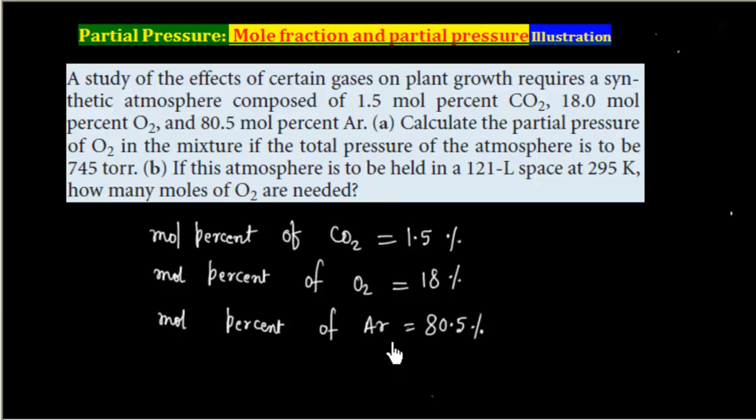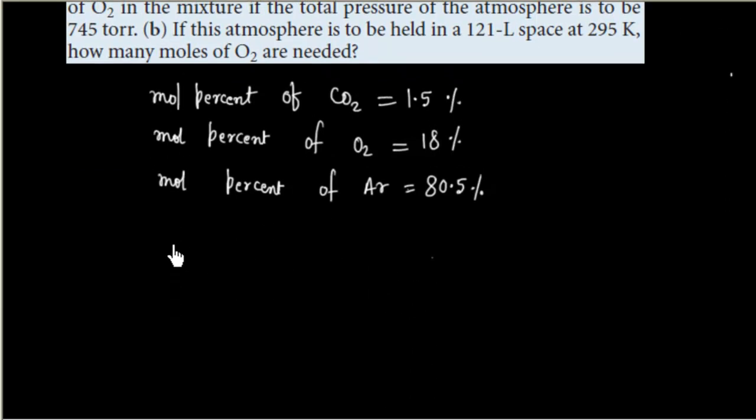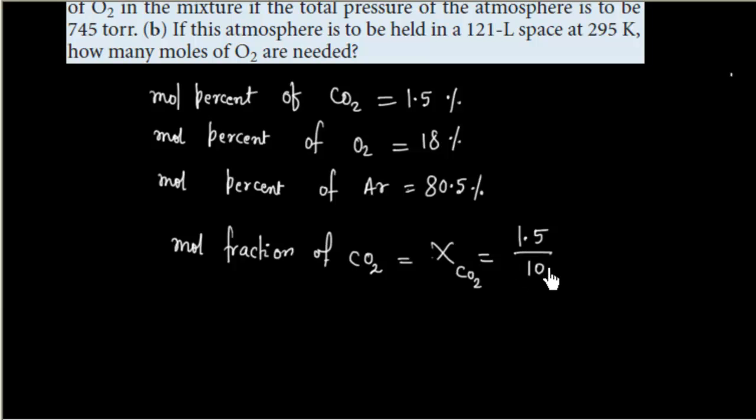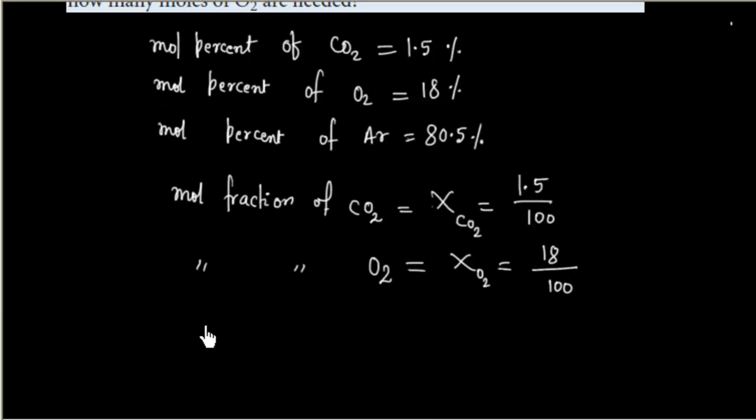Once I know the mole percent, we can calculate mole fraction. So the mole fraction of CO2, denoted by xCO2, is the same as mole percent divided by 100, so 1.5 divided by 100. Similarly, the mole fraction of O2, xO2, is 18 by 100, and the mole fraction of argon, x-argon, is 80.5 divided by 100.